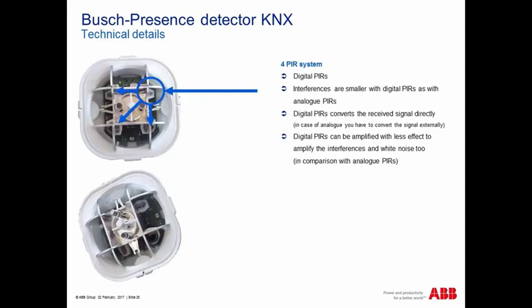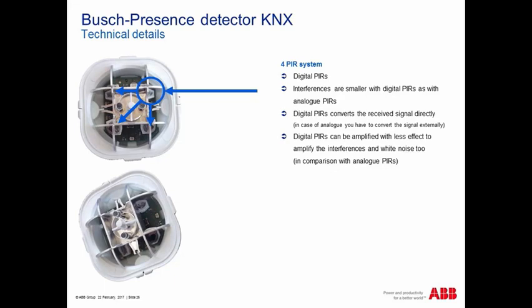The internal arrangement, to have a closer look at the 4 PIR system. Here we have digital PIRs. This is more beneficial in comparison to analog PIRs because analog are not that accurate. The interferences can also have negative effects.